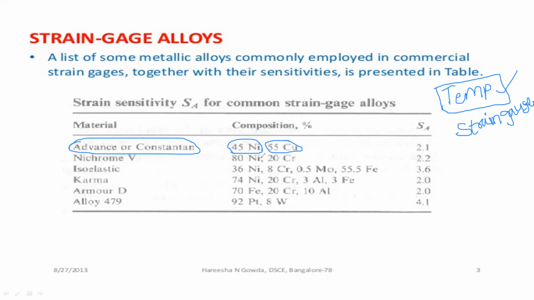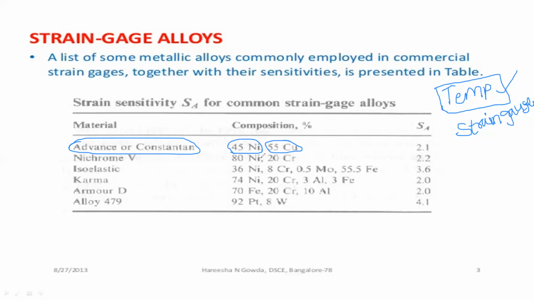The gauge factor of this material is 2.0, electrical resistance is 0.49, and the temperature coefficient is 20. It is easily workable and widely used, mainly for static strain measurement.